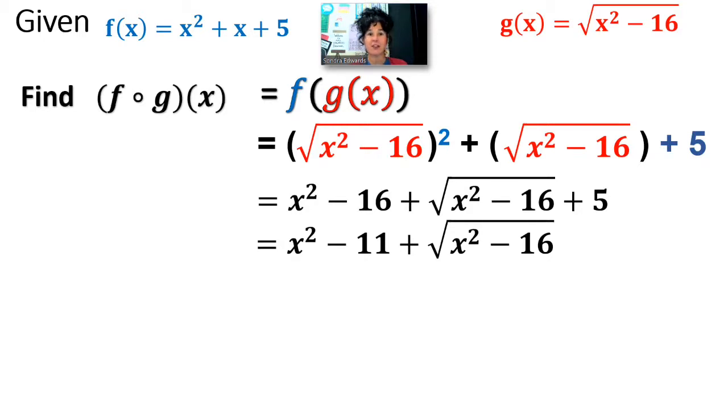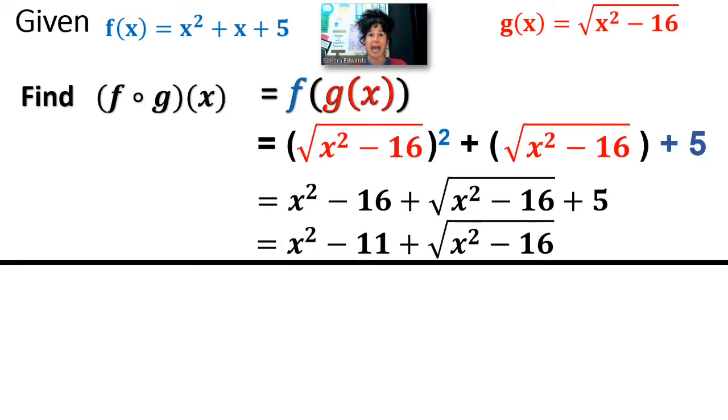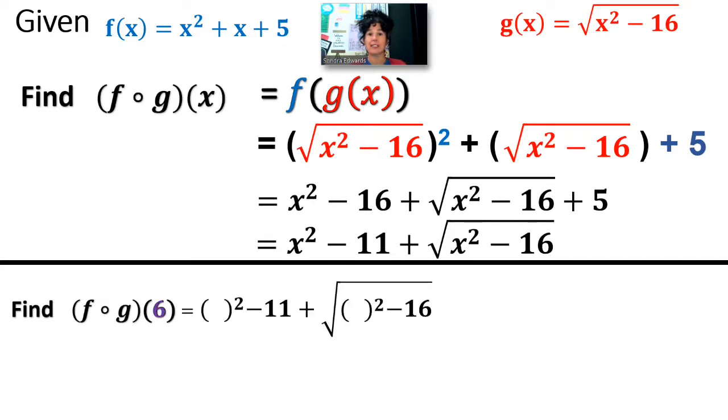Now that we've found the answer to f composition g of x, let's evaluate it at x equals 6. We'll take the answer we got to the composition and substitute in 6. So I have written out the composition function that we just got, but I just left room for the x's to be substituted with 6.